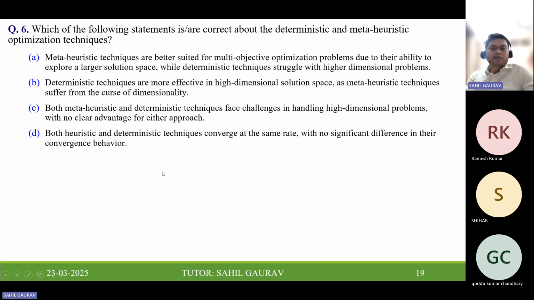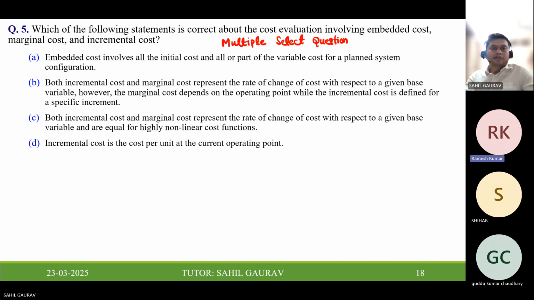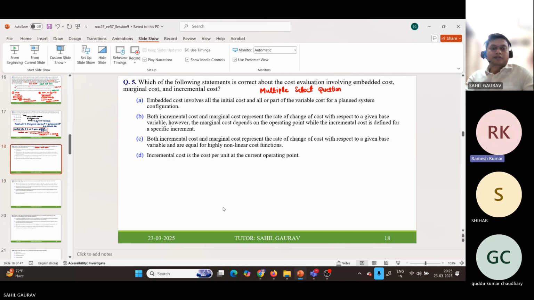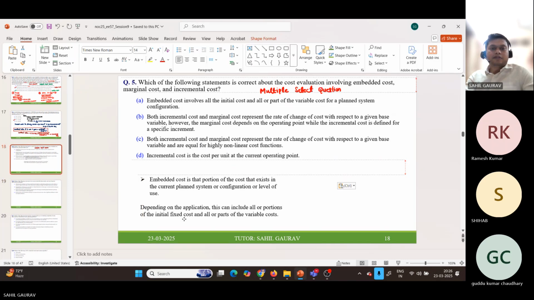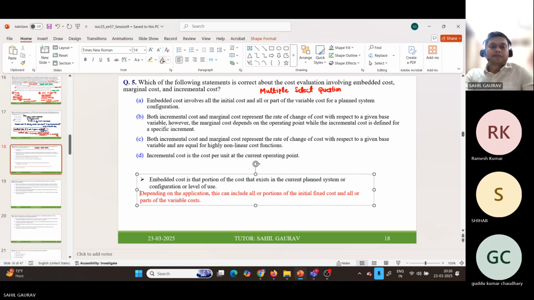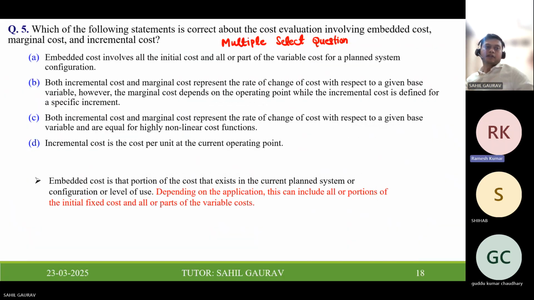We have written about embedded cost, which is, you can see that depending upon application, this can include all the initial cost or variable cost. So this is correct. So option A is correct. From here you can tell that option A is correct. Now let us see option B.